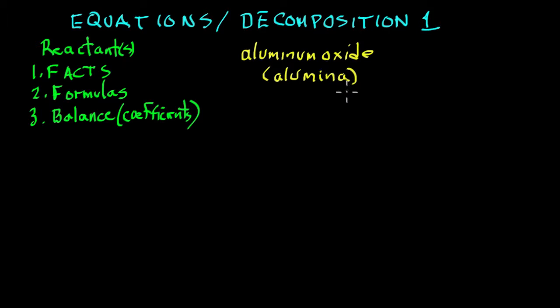Now what we're going to do is decompose it, and this takes so much energy. I'll just jot down ELEC, meaning electricity, direct current. And we're going to get the metal, aluminum, plus oxygen gas.